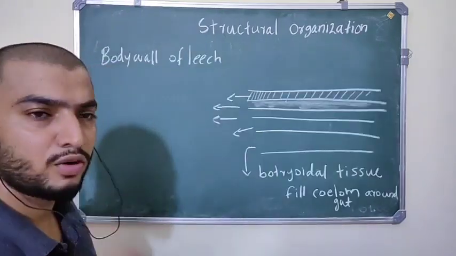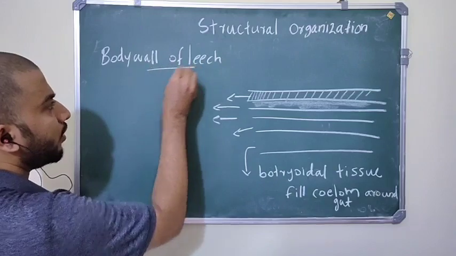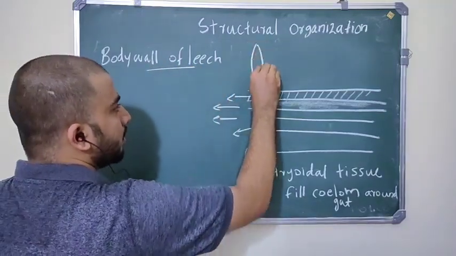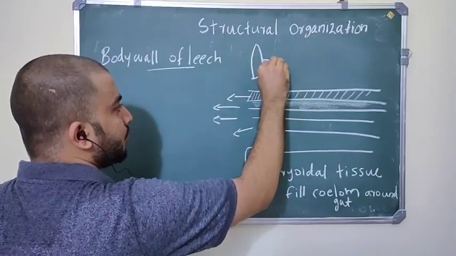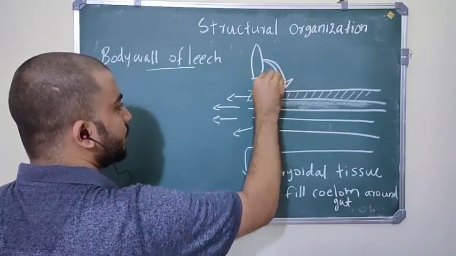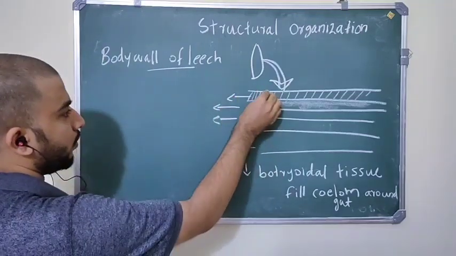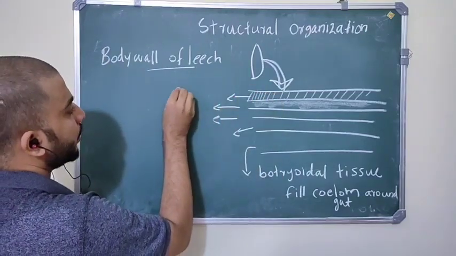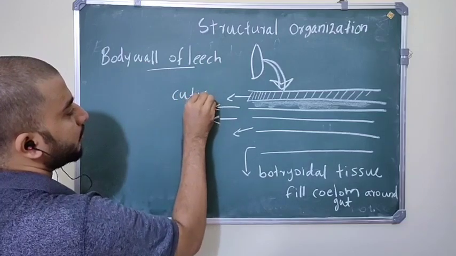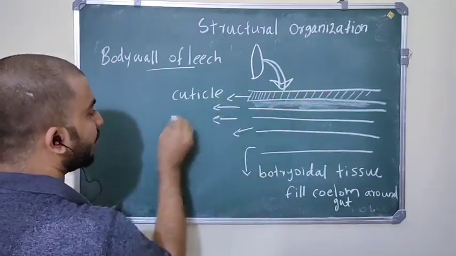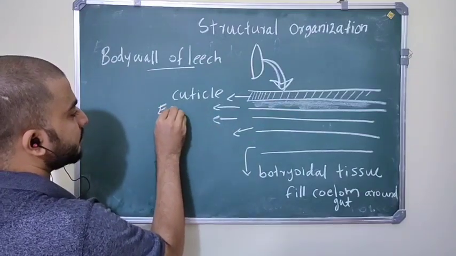Okay, we are going to discuss the body wall of the leech. If you check a cross section of the leech body wall, you can see the outermost layer of the body wall is called the cuticle. Then below the cuticle, the epidermis is found.